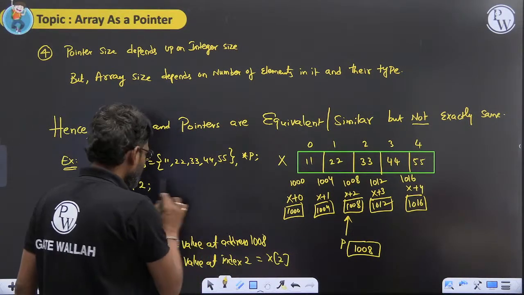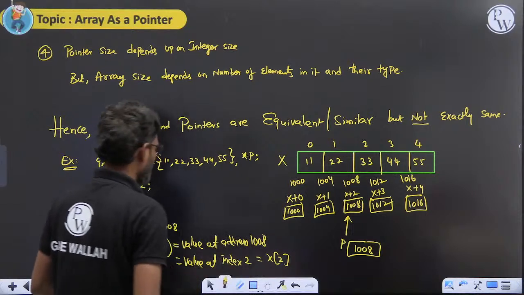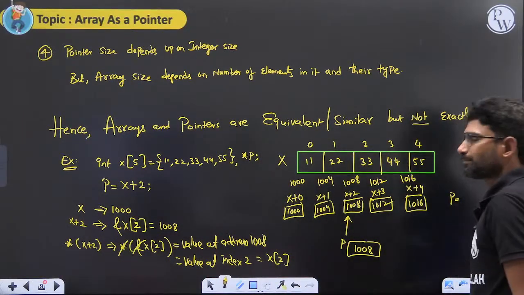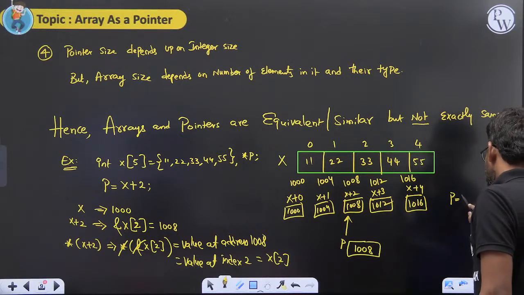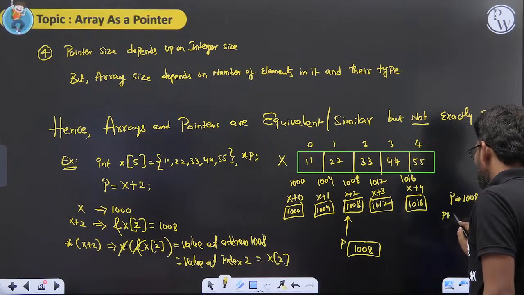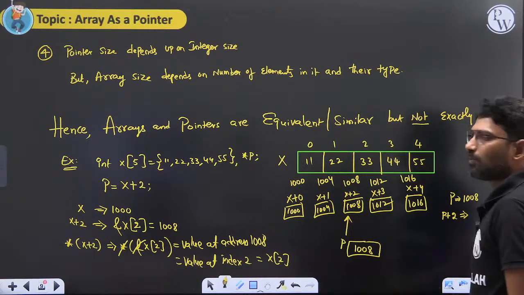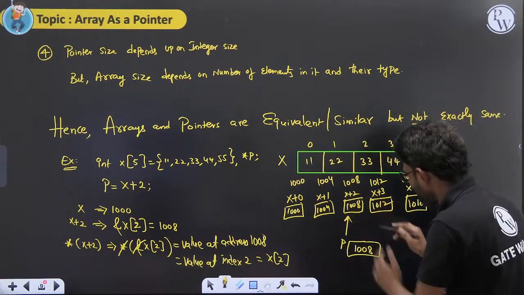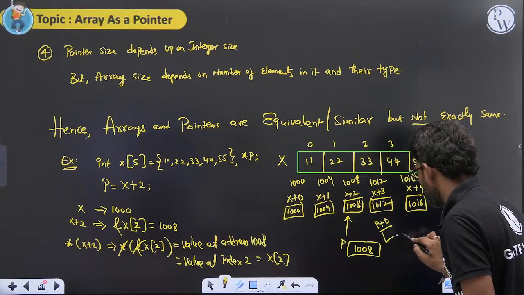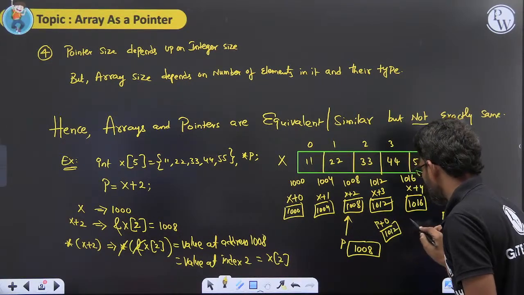Now, in a similar way, if I say p, what do I get? 1008. p + 2, what do I get? When this is p, p + 0 means 1012. Sorry.